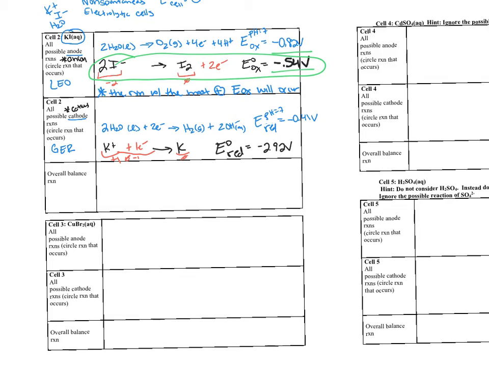Okay. And now we have to decide which is going to occur. Will water be reduced or will potassium be reduced? And we think about the same thing. The reaction with the most positive or least negative, two ways of thinking about that, E reduction is the reaction that will occur.